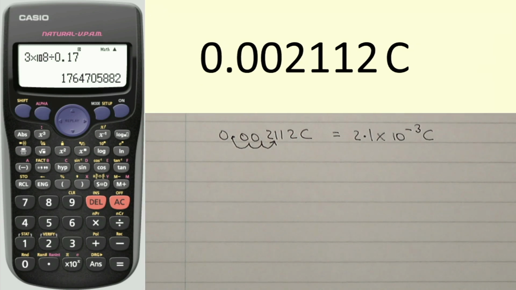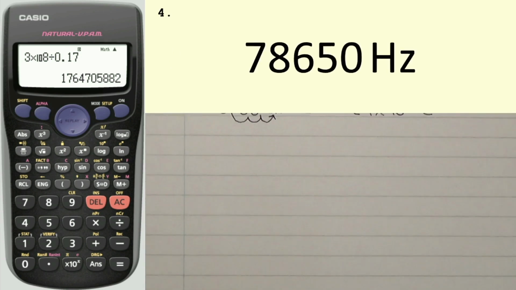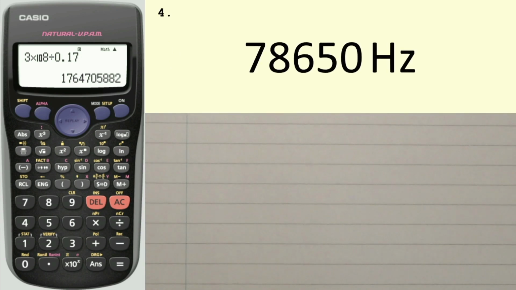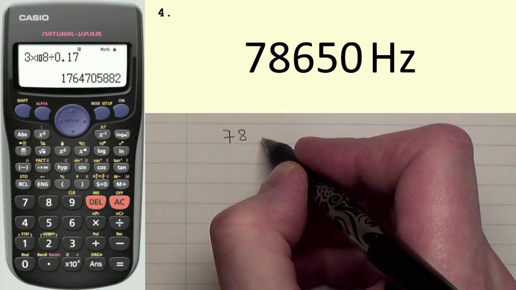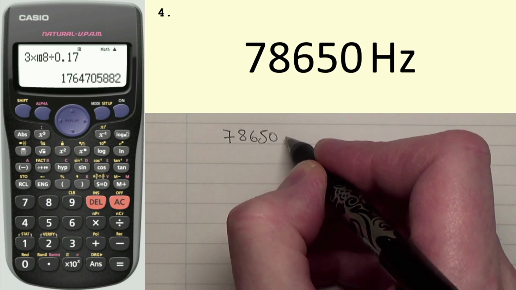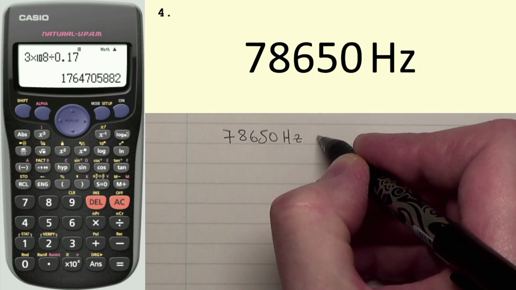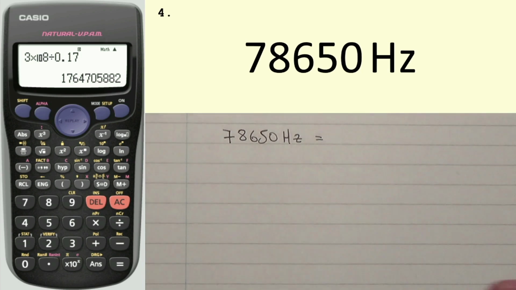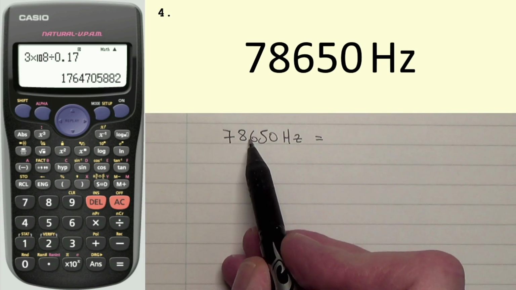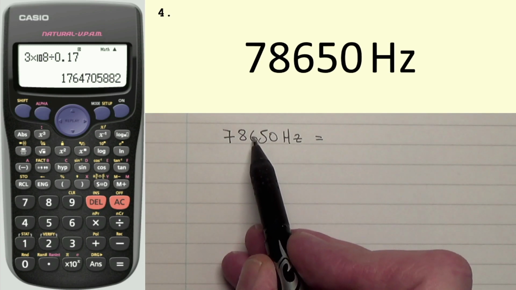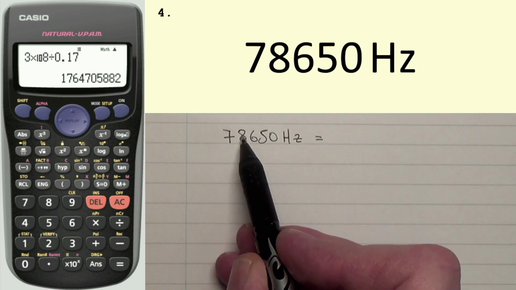Next one. Move this up slightly. Now this is a frequency in this case, and it's obviously a large number, 78650 hertz. That would be equal to, so again, look at the first 3 figures. Now the third one is 5, and if this is 5 or larger, I have to round up this number here.